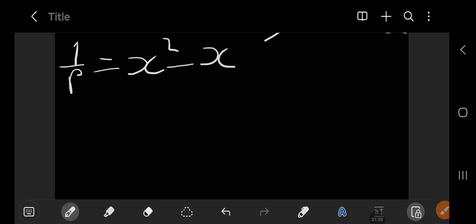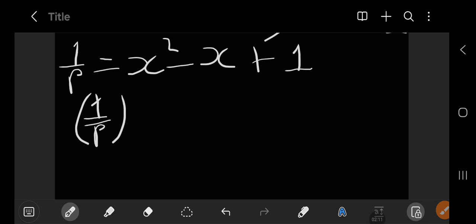So, determine the values of p for which the equation would have real roots. We know that 1 over p equals x squared minus x plus 1 plus 1. Some people would just multiply the p throughout, so whatever you do on the left hand side you do on the right hand side.